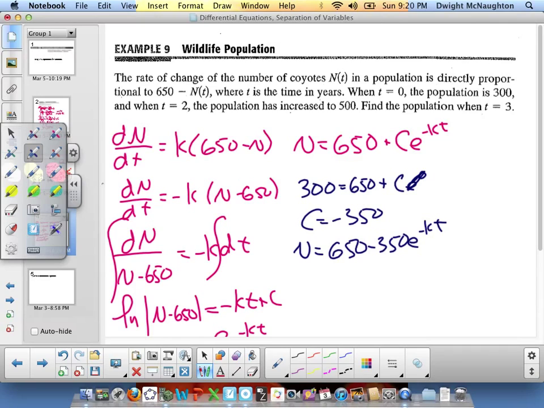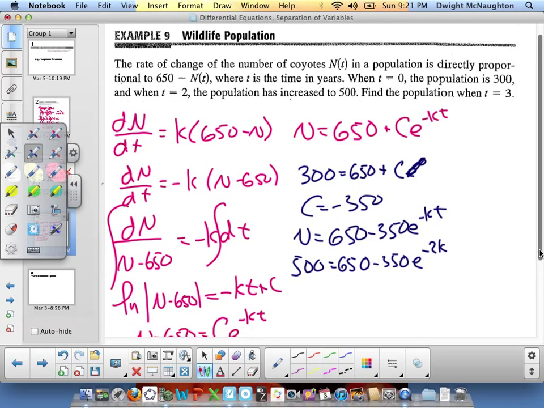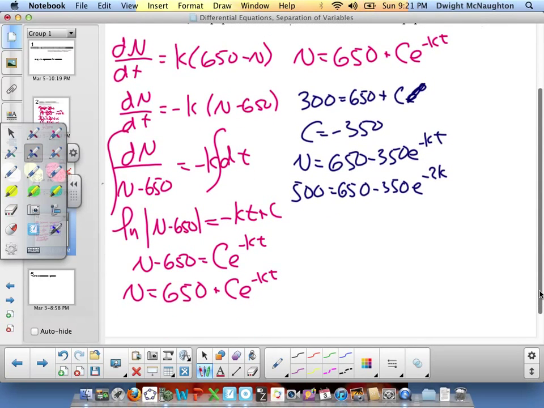When t equals 2, the population is 500. That's going to help us find k. So n is 500 equals 650 minus 350 e to the negative 2k. All right, we'll subtract 650. Divide by negative 350, so that's really going to be like 15 over 35.